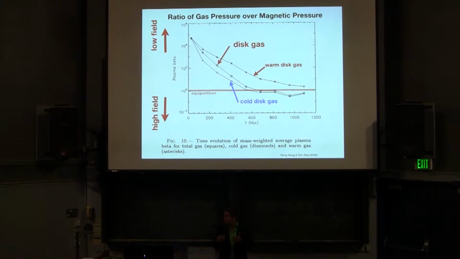If the field gets too strong, its equation of state is more like 4/3, more like a relativistic fluid, but the surrounding material is isothermal. So you've got two fluids, one with a stiffer equation of state than the other, and the one that's stiffer will just lift itself off. And in fact, that's exactly what we see: magnetic fields bubbling out into the halo of this galaxy.